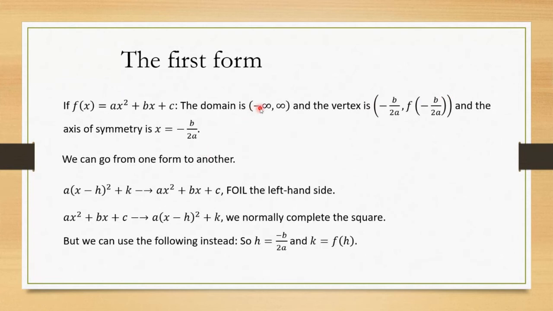The vertex here, this is what you would use to get it: negative b over 2a, and then you do f of that for the y coordinate. Remember, it's a quadratic function, so a is not 0, so this does make sense. And the axis of symmetry would actually be this.